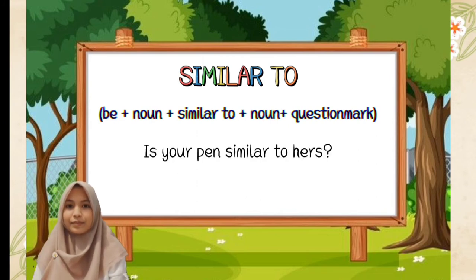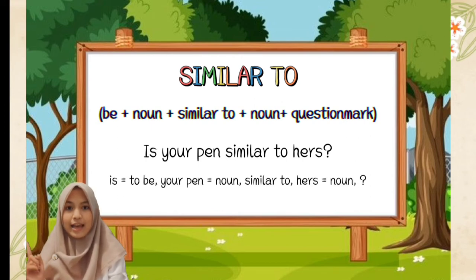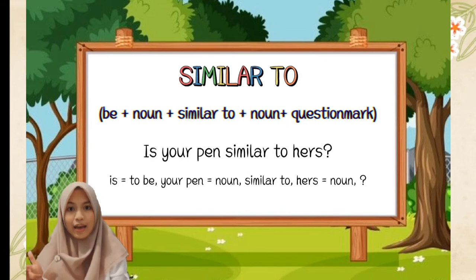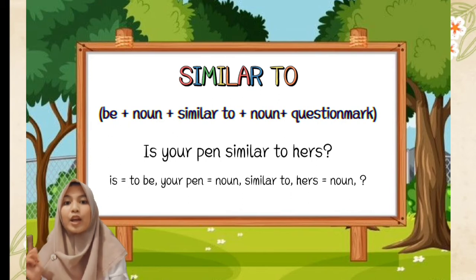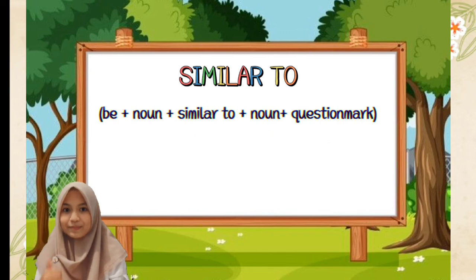First sentence, is your pen similar to hers? Is as to be. Your pen is noun, similar to hers as noun, and question mark. This sentence is very precise with the formula, so the sentence is correct.